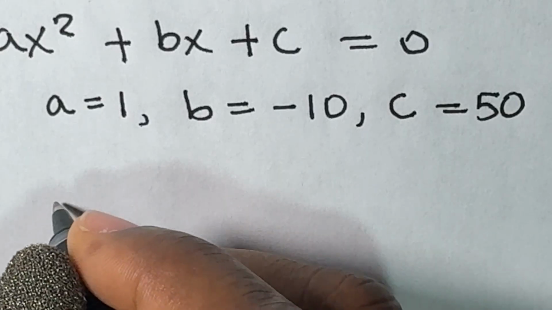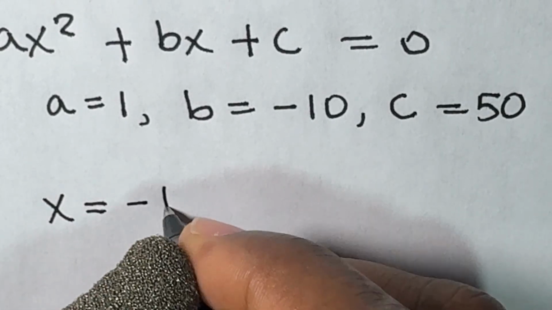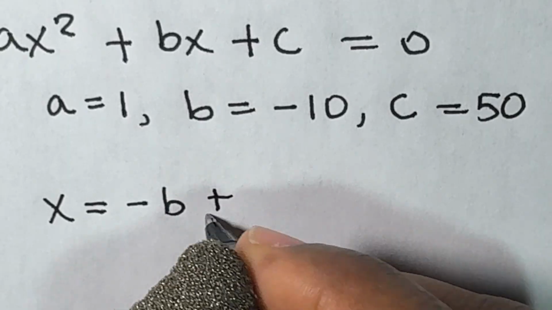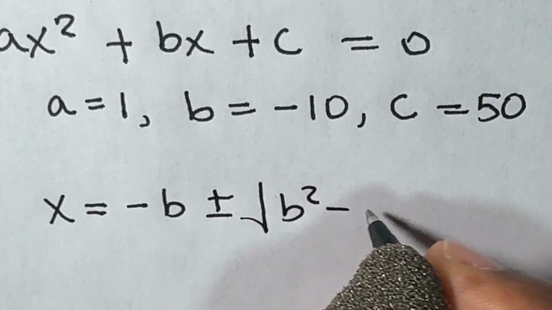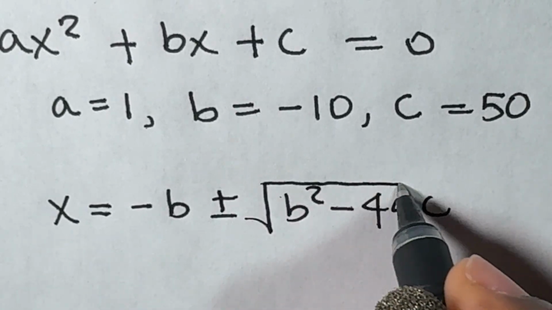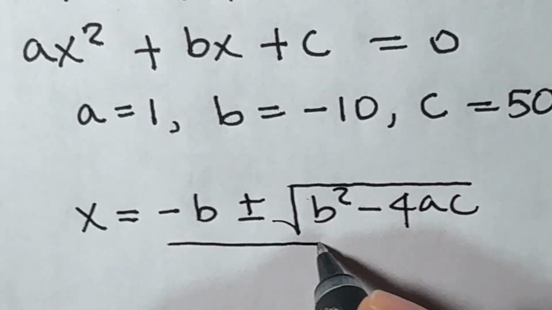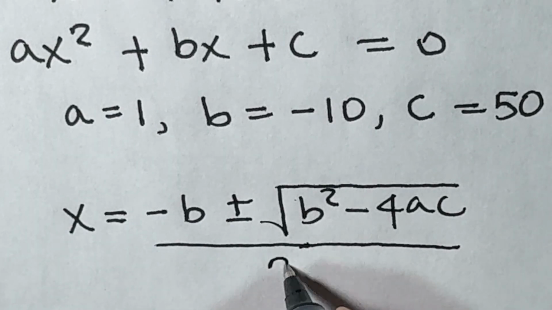I'm going to use the quadratic formula x is equal to negative b plus or minus the square root of b squared minus 4ac, both divided by 2a.